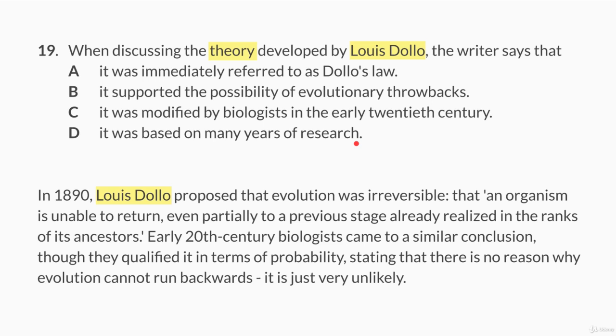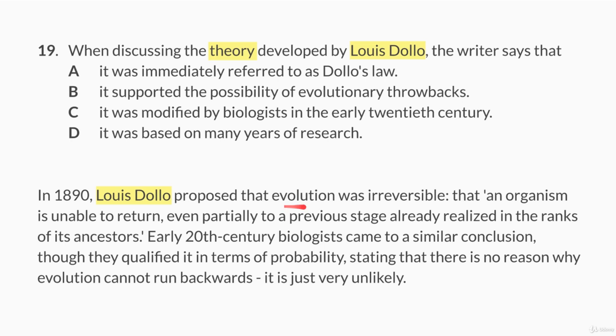So I'm going to scan around this area to see what other keywords from the answer choices I can find. I've already found my keyword from the question, but now I want to check for the keywords from the answer choices to find out which one is going to be the correct answer. So let's go ahead and do that.